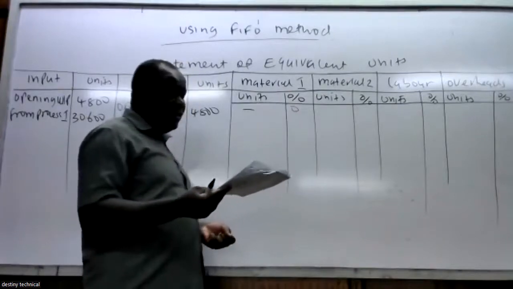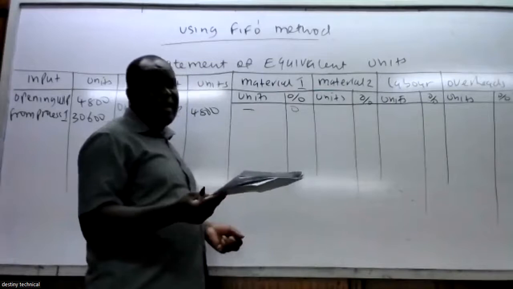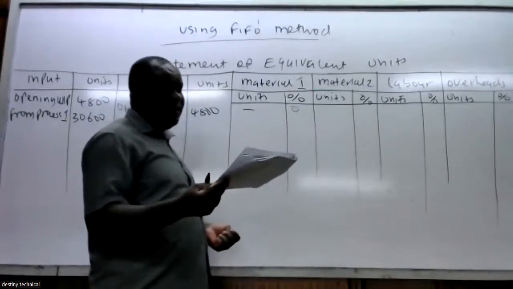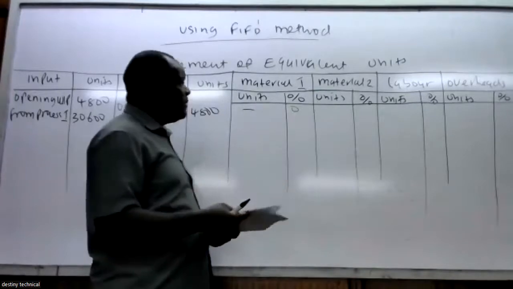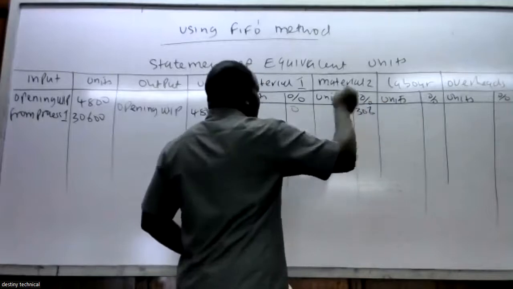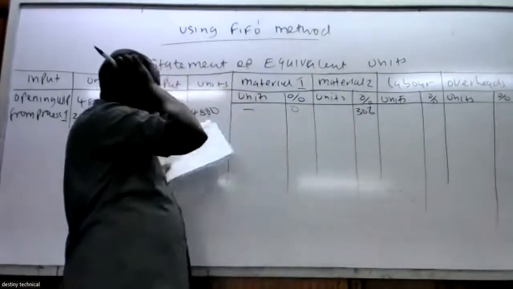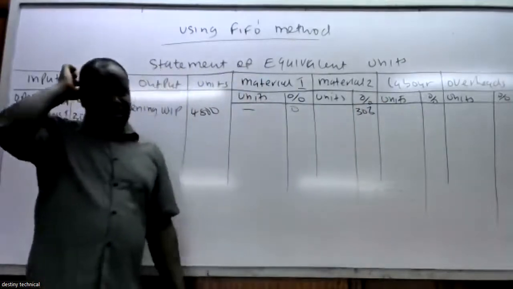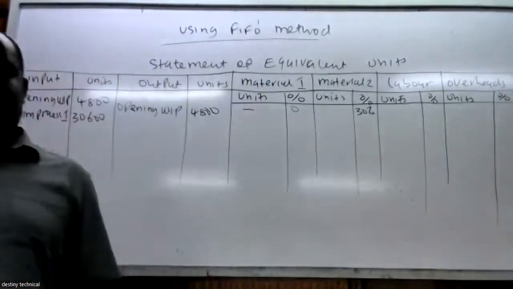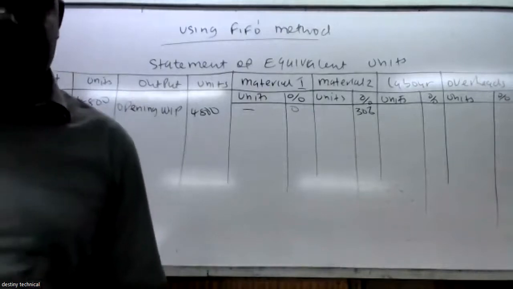Material 2 is what you are given the degree of completion as 70%. The remaining percentage will be 30%. So you get 30% of 4,800. What should be 30% of 4,800?